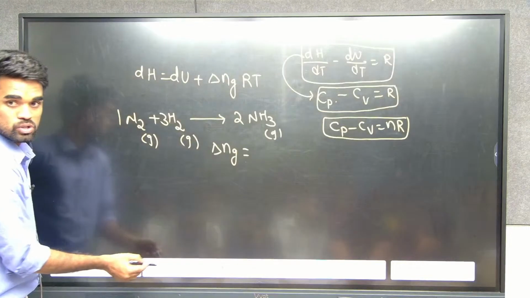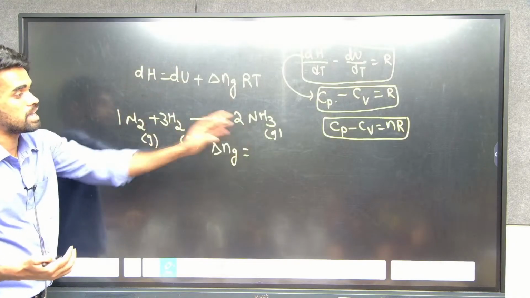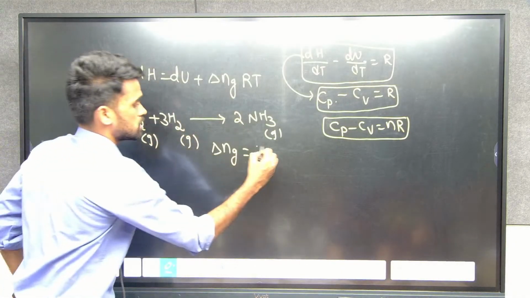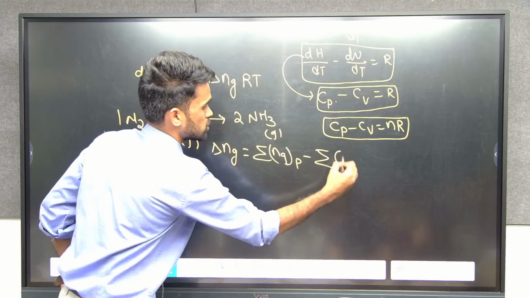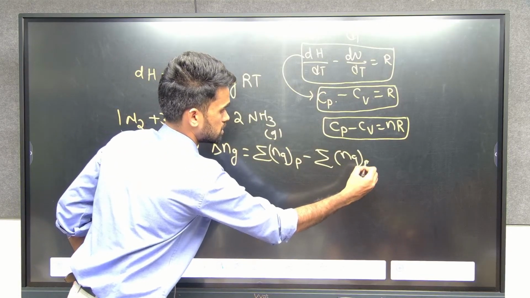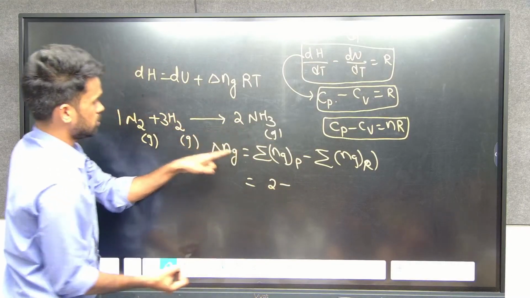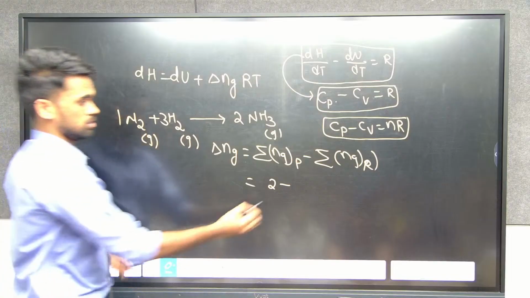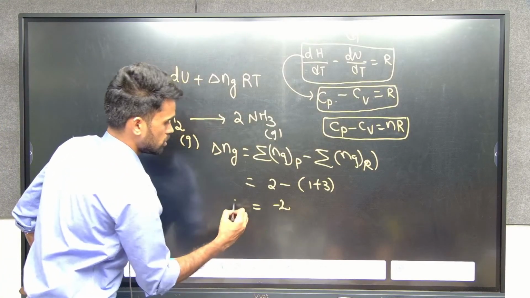Change in number of moles. Change means final minus initial. So on the product side, how many gaseous moles are there? The summation of gaseous products minus the summation of gaseous reactants. So tell me here how many there are: 2 minus (1 plus 3).